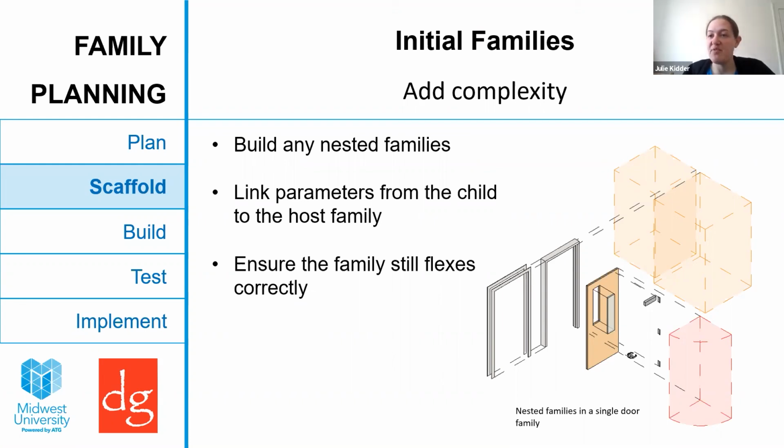Then I figured out what the behavior elements need to be, and they all use nested families. So it was only a certain amount of parameters or dimensions that I needed to rebuild from scratch in that curtain wall door template.